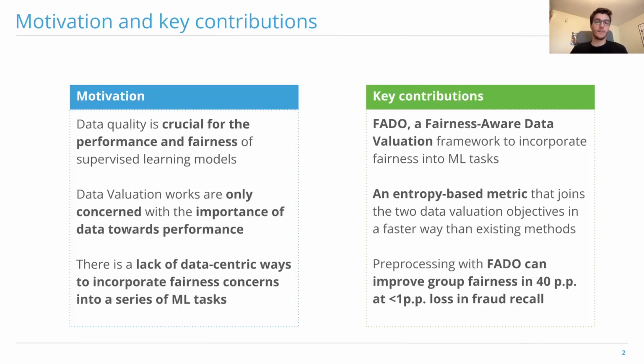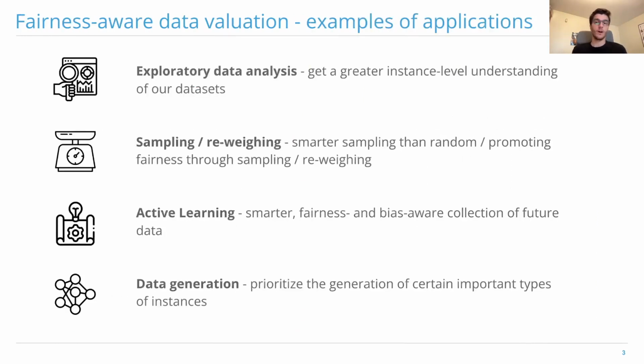And finally, we show that we are able to pre-process training data with our framework in such a way that models trained on that data exhibit very promising fairness accuracy trade-offs in a real-world fraud detection application. Our framework can also be applied to other applications like exploratory data analysis, active learning, and data generation, which is a priority for future work.